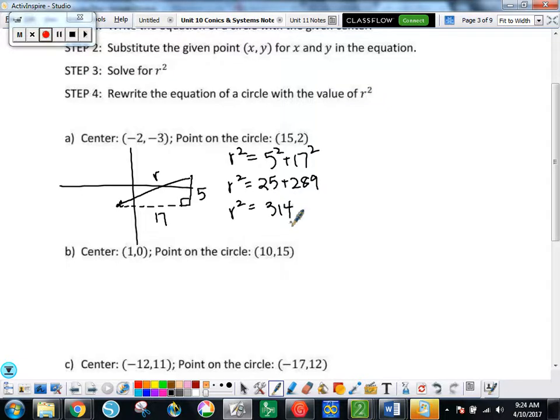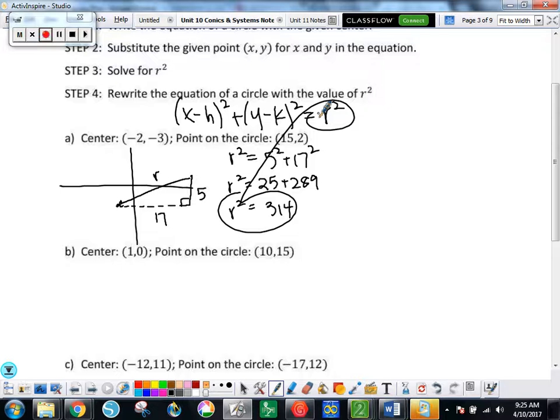And that's all we really care about, right? Because the equation says x minus h squared plus y minus k squared equals r squared. Can I make this substitution right here? So I don't need to take the square root and then re-square it again. Does that make sense? I can say x minus what?